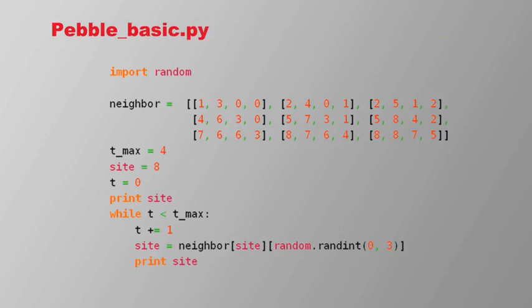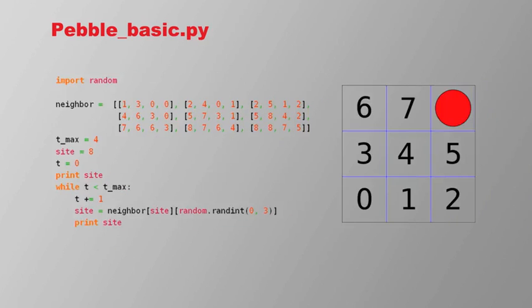The list neighbor contains 9 lists with 4 sites each, corresponding to the moves to the right, up, to the left, and down. So here is the configuration at time 0 with the pebble on site 8.